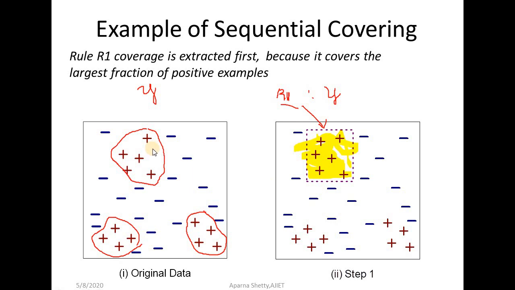Here plus shows the class label Y, and minus shows the other class labels. Y is nothing but the class label that is triggered by that rule, the class label of R1. So once you generate the rule R1, you have to remove the records that are classified by that rule.